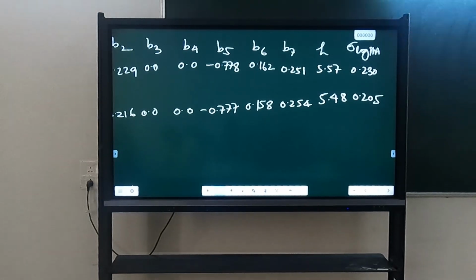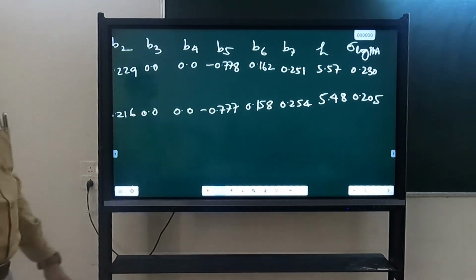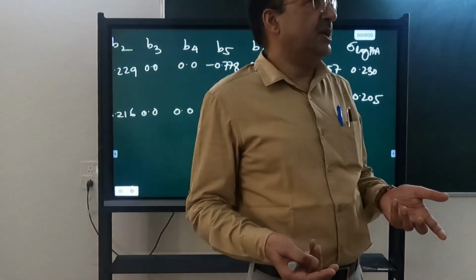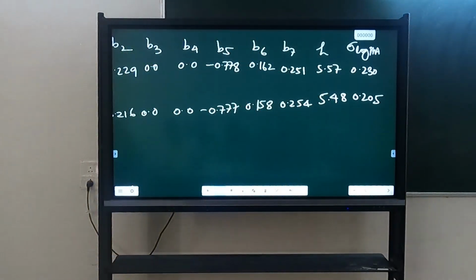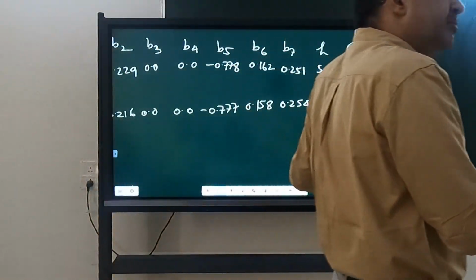Now you can determine which earthquake is giving the largest PGA. That is your governing earthquake. And then can you develop the design response spectrum once you know the PGA? How will you obtain the design response spectrum? I explained just now.